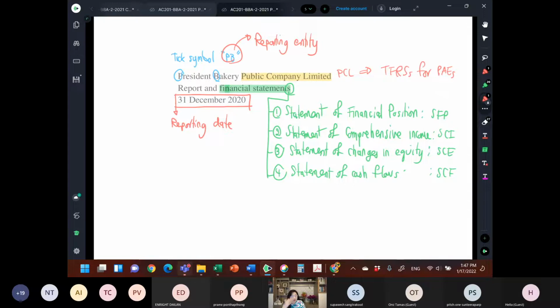All right, so I hope that you get the idea of the different sets of accounting standards that a company will need to comply with.